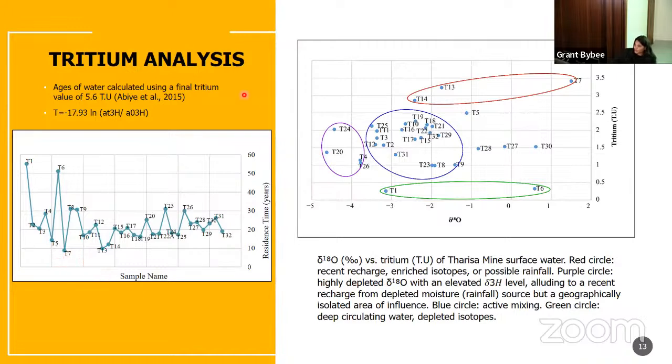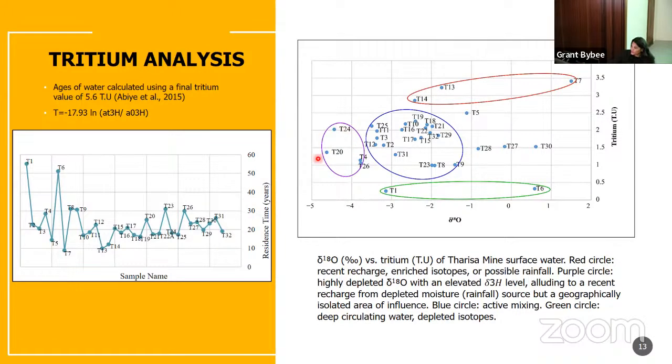So now there was this deeper aquifer water mixing with more recent recharging aquifer water. When we plotted our tritium against our stable isotopes, we were able to see this trend. We had very deep circulating water that's been circulating thousands, millions of years, and then more recent recharge, so water with a higher tritium value.